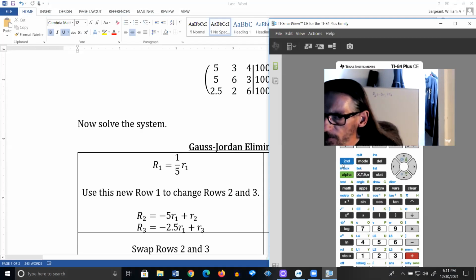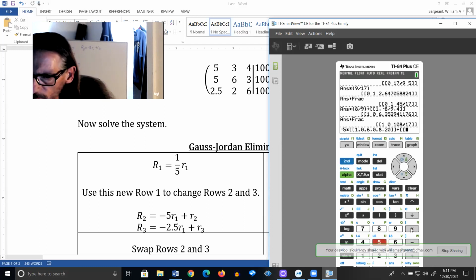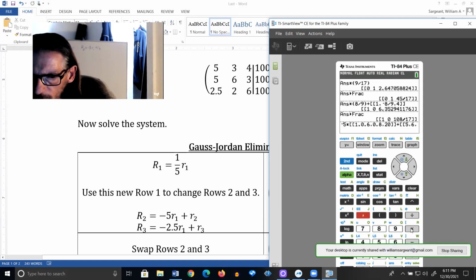Okay, so 5, 6, 3, commas in between each of them, and 100, and then close the double square brackets.